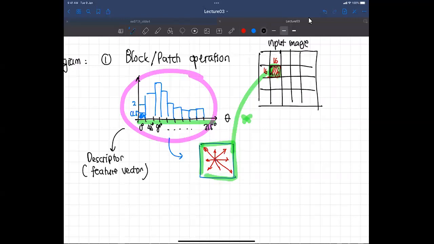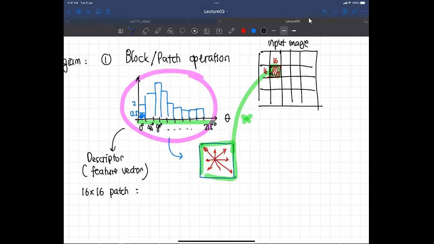And in this case, for example, a 16 by 16 patch, what is the length of your descriptors? What will be the length of your descriptors for a 16 by 16 patch? How many numbers in your features?